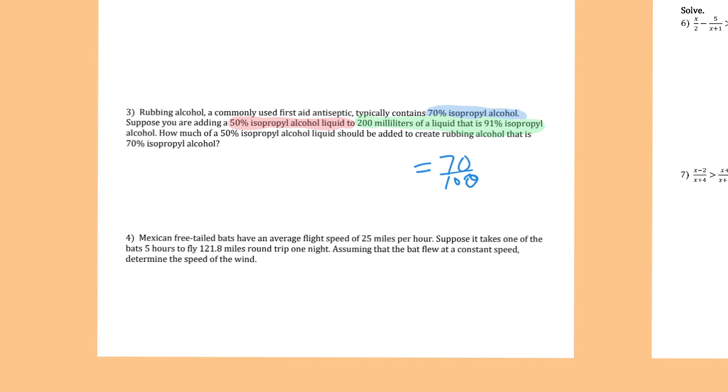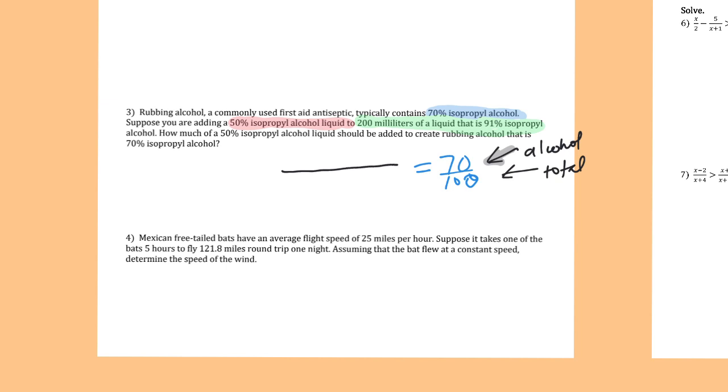And so this is going to be how much is the concentrated alcohol out of the total. 70% means 70% of the total, 100% is going to be alcohol. And so we're going to have a fraction on the left side. Of course, this is the chapter of fractions, so that's kind of what we've got going on.